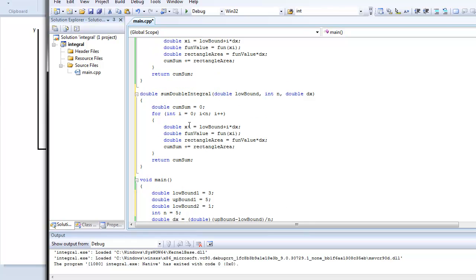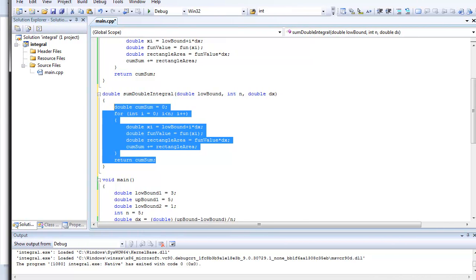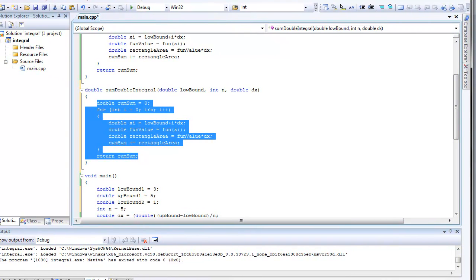Well, we have this function here, and we are going to change it so that it fits our problem. So it's basically iterating within the integral. It's some kind of quadratic loop, which is kind of slow, but it works.